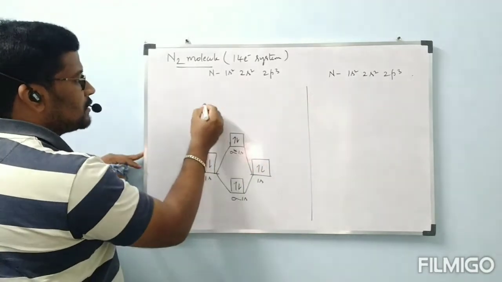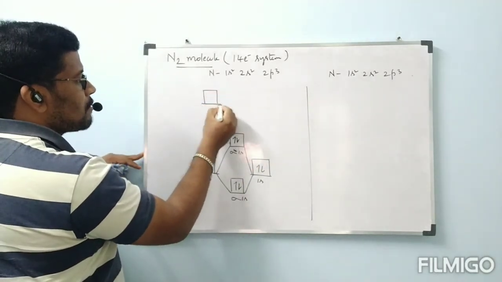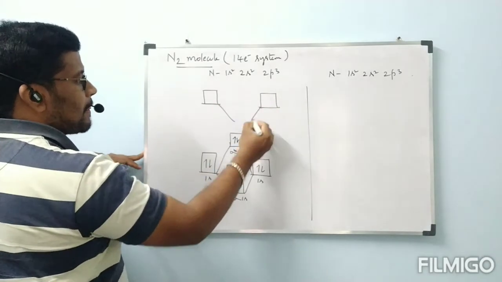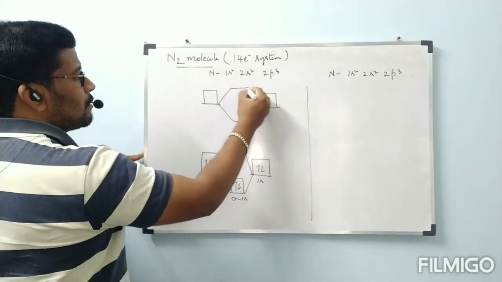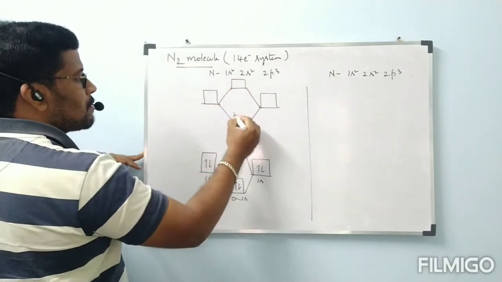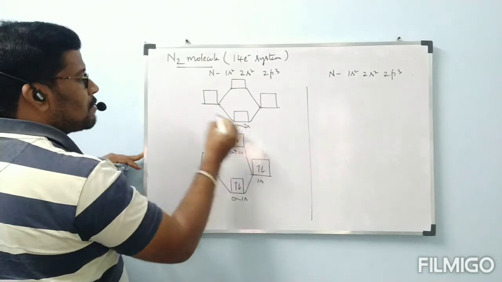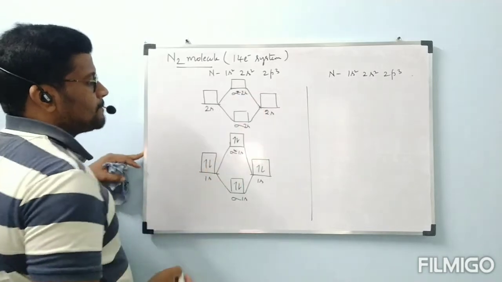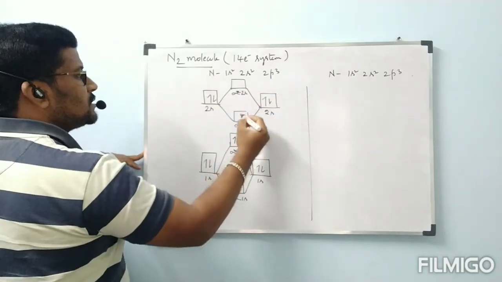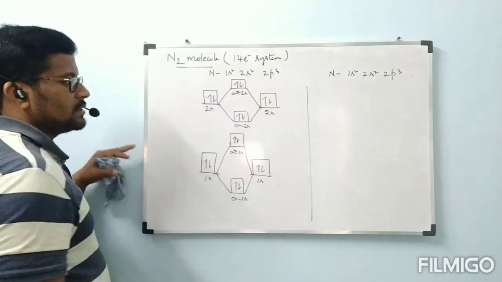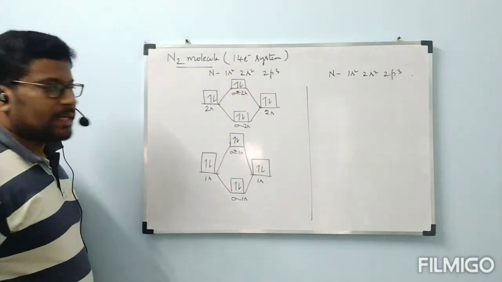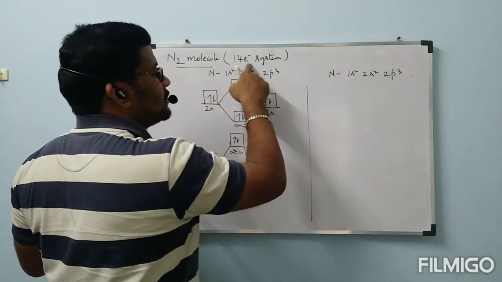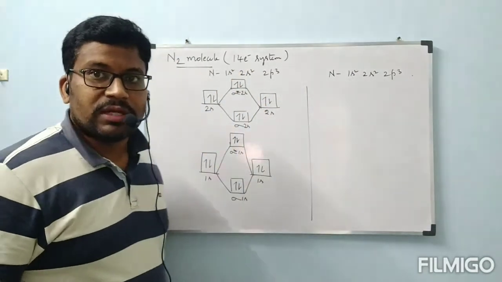Next, 2s, 2s. Same, 4 electrons here, then like this. So 2s, 2s completed. Next, coming with 2p. This contains 14 electrons now, a less than or equal to 14 electron system. That configuration we have to follow.